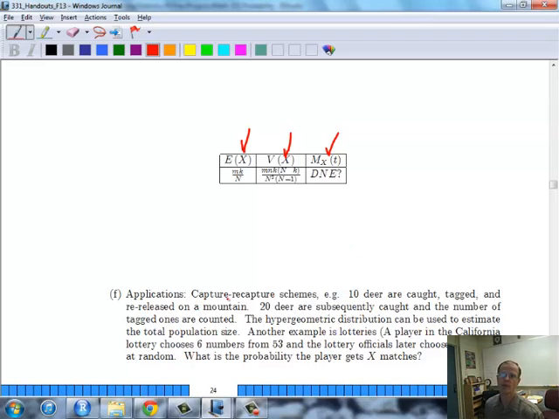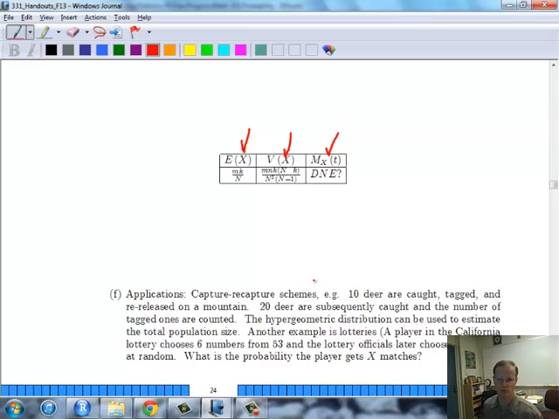Applications: here's one application that you'll see used, called capture-recapture schemes. For example, you've got a mountain and you're interested in what the population size is. How do you estimate that? There's different ways, but this is one way. You catch 10 deer, tag them, and re-release them.